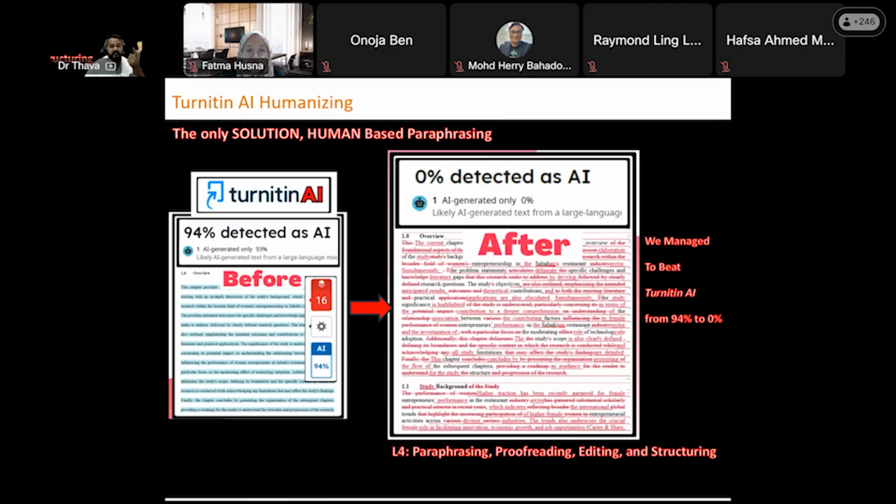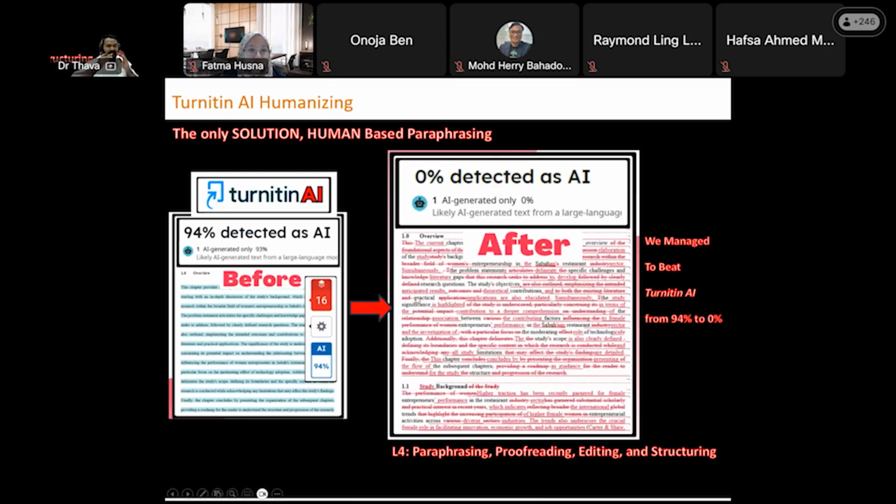Category two, the Turnitin AI category. Category one is AI generated only. Category two will say AI generated and AI paraphrased.